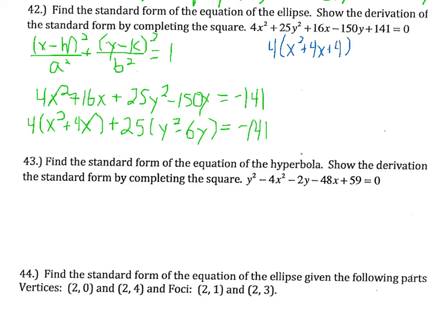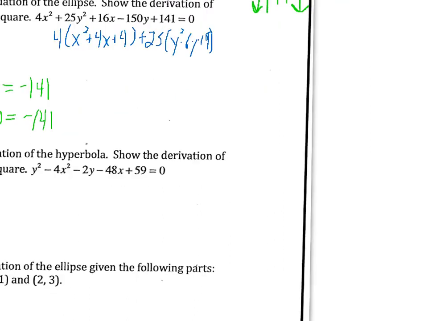And we're going to add a 9 in. And then, since we added a 4 in, but it's inside the parentheses, we need to multiply 4 times 4 and add a 16 to the other side.